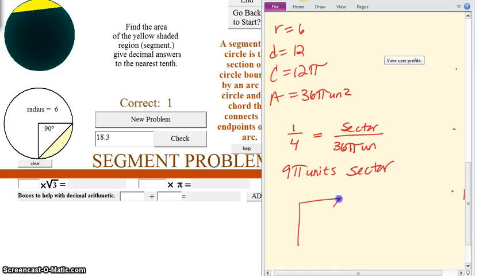I have a right triangle, that's handy because the base is the same as the height, so 36 is the area of the related rectangle, or in this case square. So 18 units is the area of the triangle. Area of the sector minus the area of the triangle. 10.27.